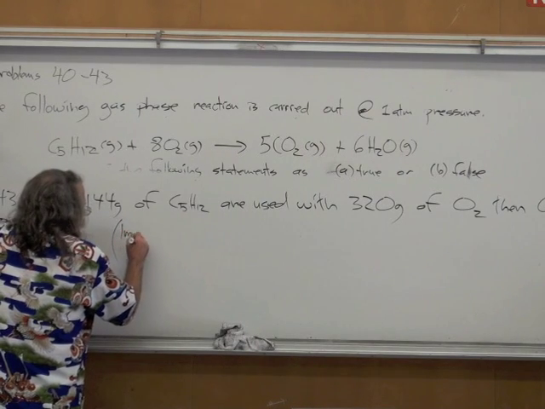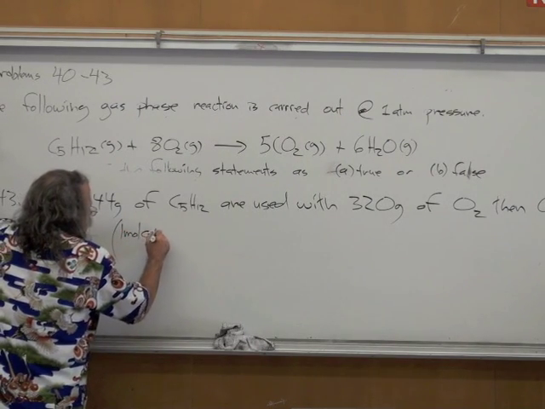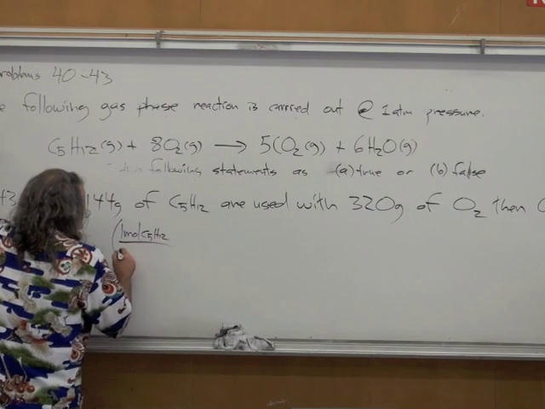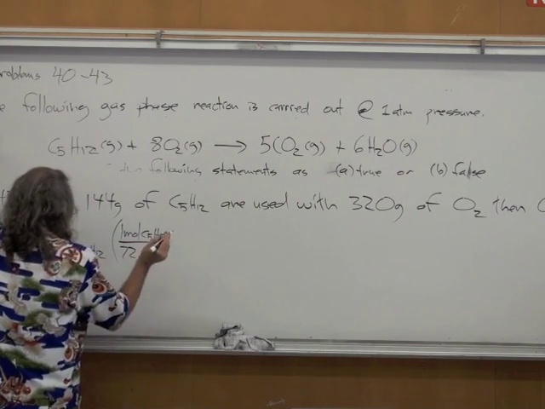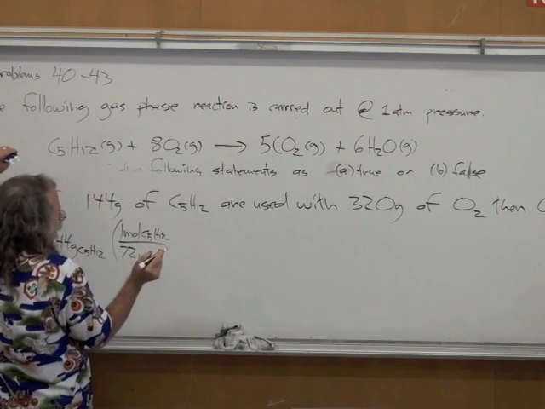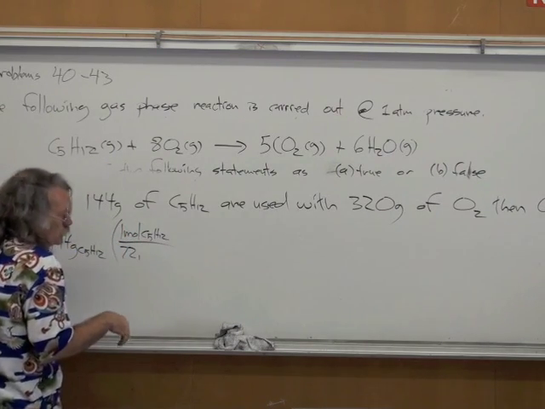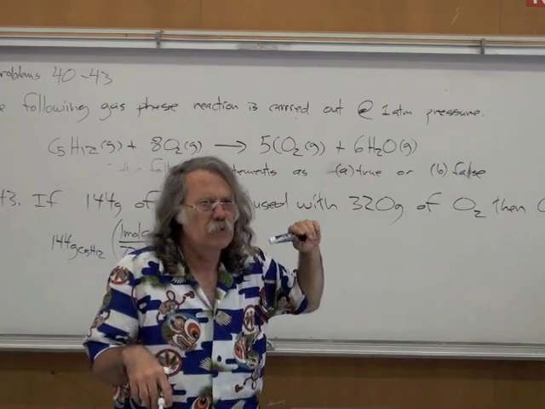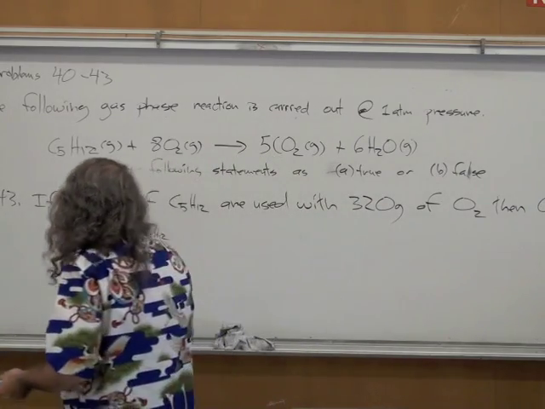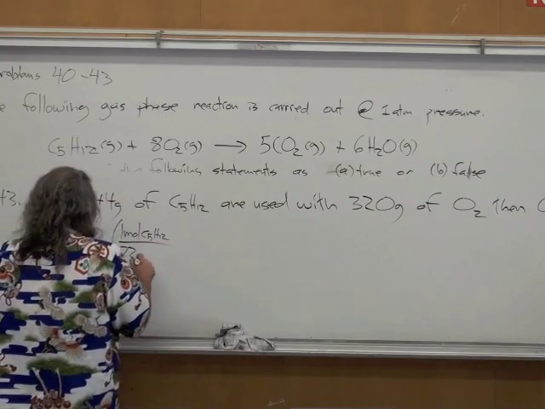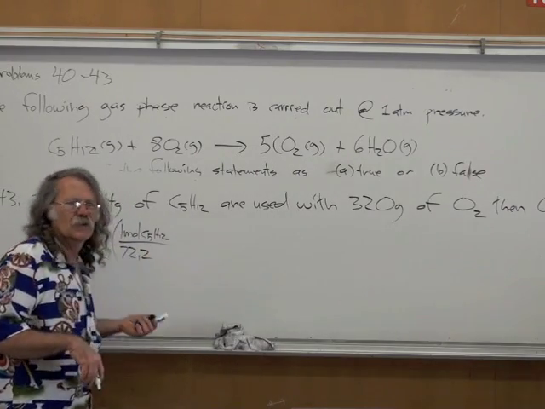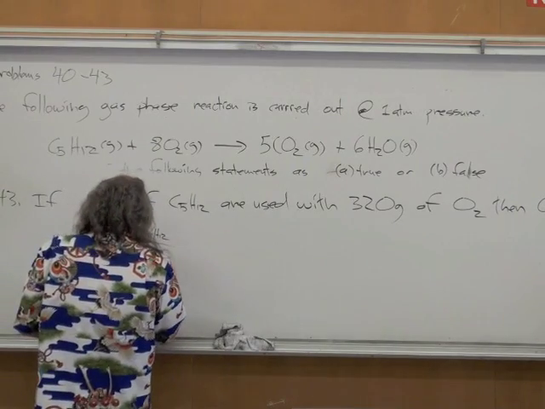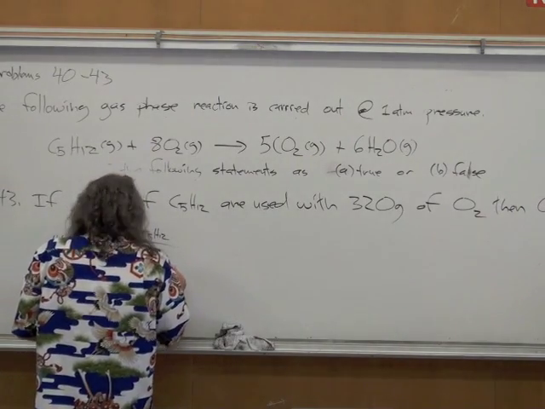There's 1 mole of pentane for every 72 point whatever. What was it I said? Oh, 72.2. Okay, let's just say 72.2 grams of C5H12.